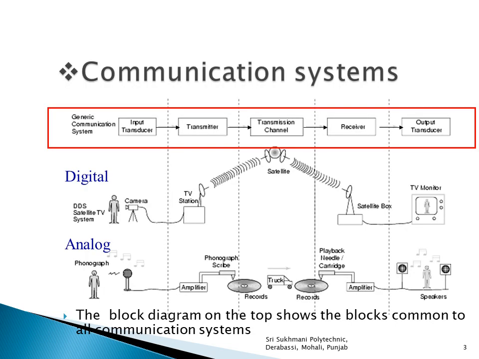This is a general block diagram of a communication system. As you can see, the information is passed to a communication system. It can have any form. It can be audio information, video information, temperature, pressure, or whatever you think. It is first given to the input transducer.